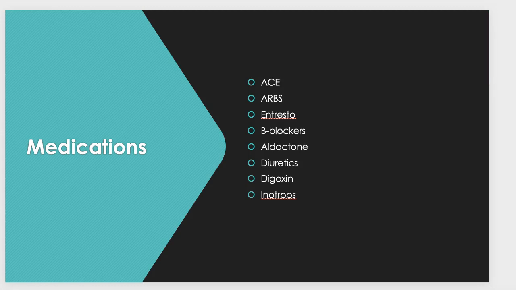However, with all heart failure patients, and especially heart failure patients with reduced ejection fractions, there are medications that have been proven to reduce mortality in these patients. These include ACE inhibitors, ARBs. Entresto is a new medication that has recently been found to reduce patients' symptoms of heart failure and improve their ejection fraction.